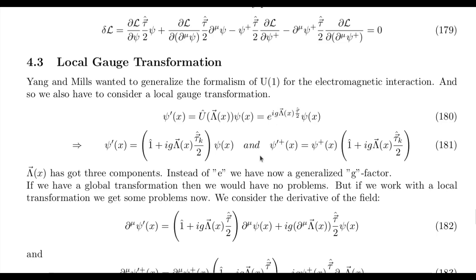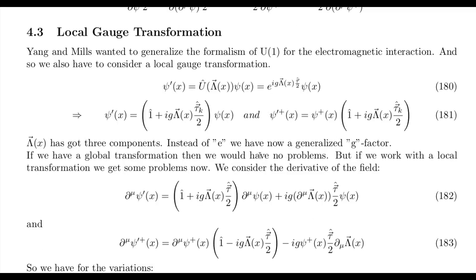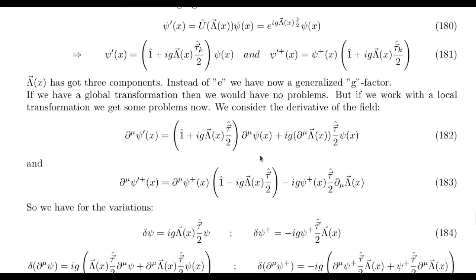If we consider a global transformation, then we have no problems. But if we transform with a local transformation, then we will get some problems. So we consider the derivative of the field.